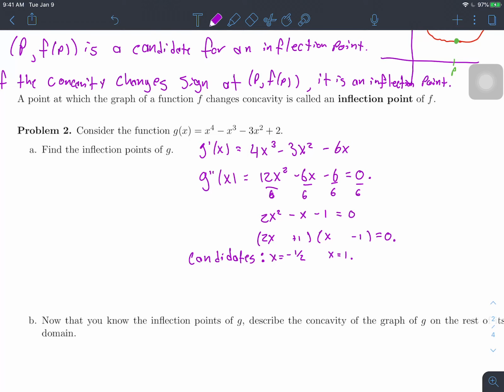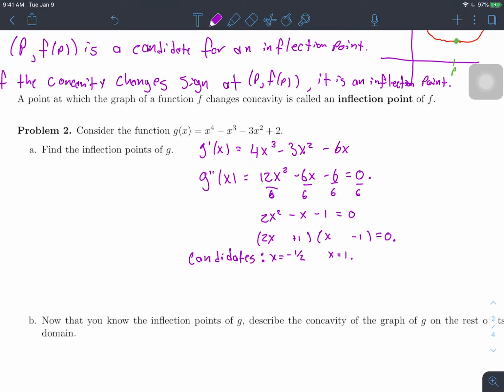To check whether or not our candidates are going to be inflection points after all, the process that we're going to take is going to be similar to the process that we used for figuring out whether or not critical points were maxes or mins using the first derivative test.